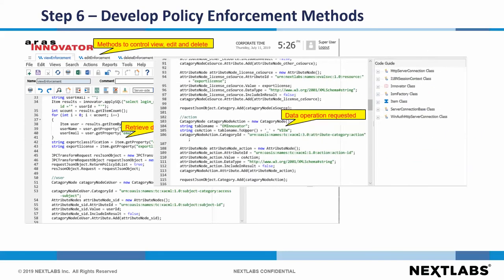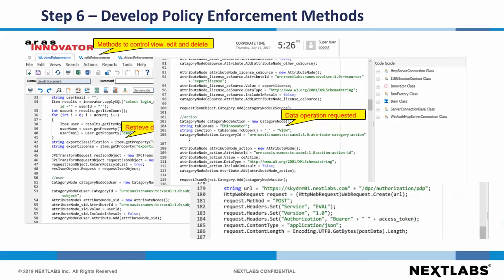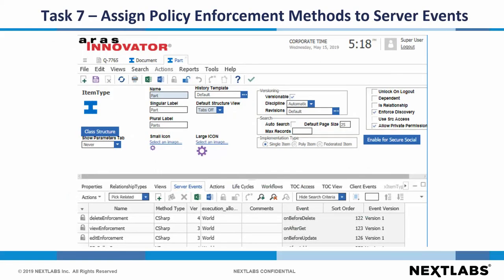In this case, it's the view that shows in this example. And then where it's going to call out. So in this case, it's going to call out to NextLab, to the decision point, to understand if that user has the capability to do a view of the information or content it's looking to gather. That REST call will be sent off to the policy decision point and then return a denied access back.